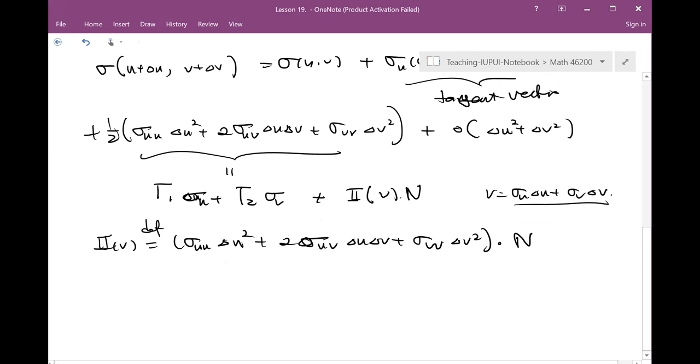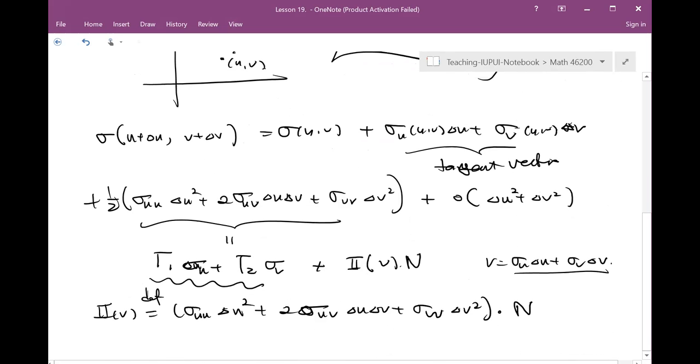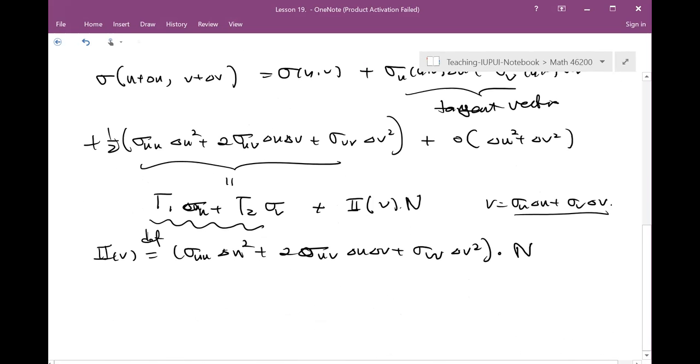Now, for today's class, we are interested in this part. We're trying to figure out this part. This part is the projection of this vector onto the tangent plane.